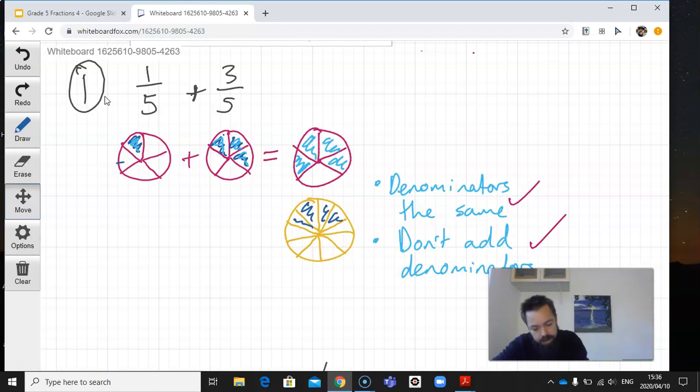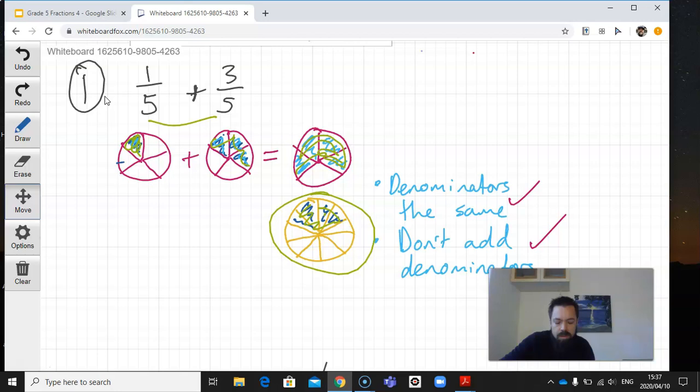As you can see over here, this amount and these three together make up most of a circle, more than half, quite easily. And if I look at what I've drawn here, it's much less. And that's why you can see that if I add my denominators, I'm making a mistake of making my fraction pieces smaller.